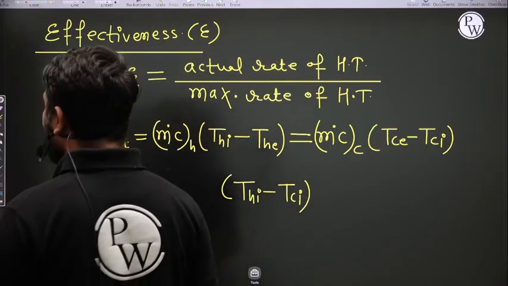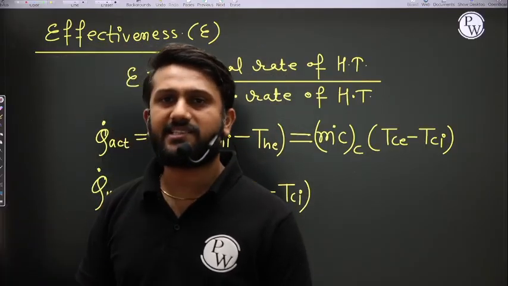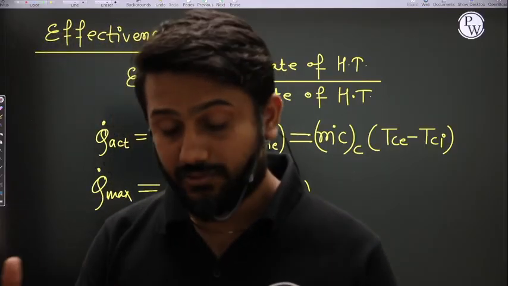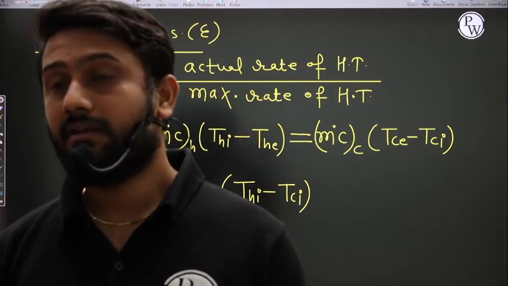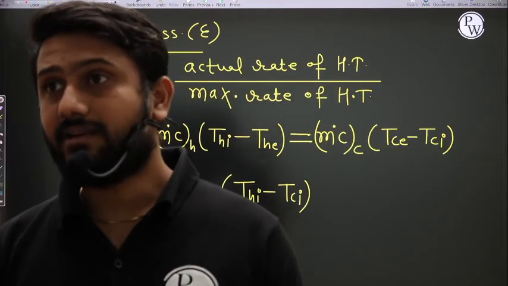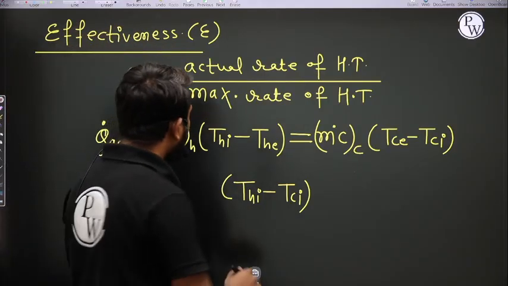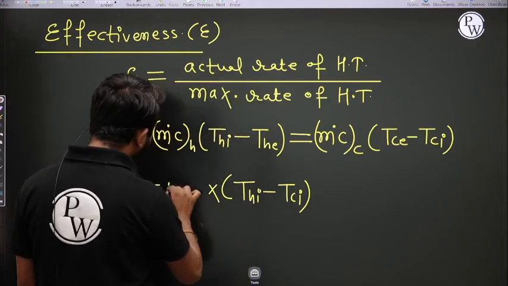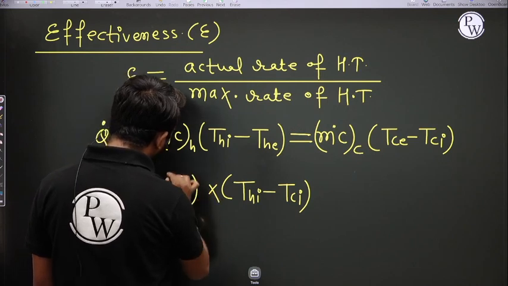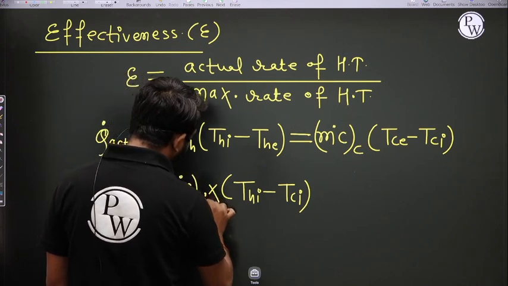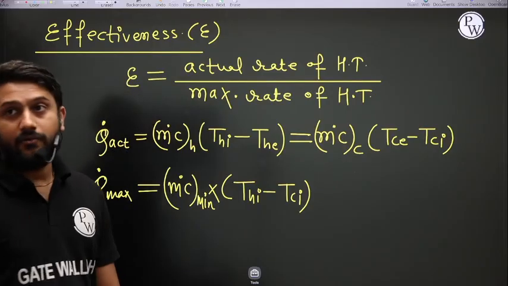So to get the maximum rate of heat transfer through the heat exchanger, I am taking the maximum temperature difference first, THI minus TCI, into m dot c, and this m dot c is minimum. Why is it minimum?